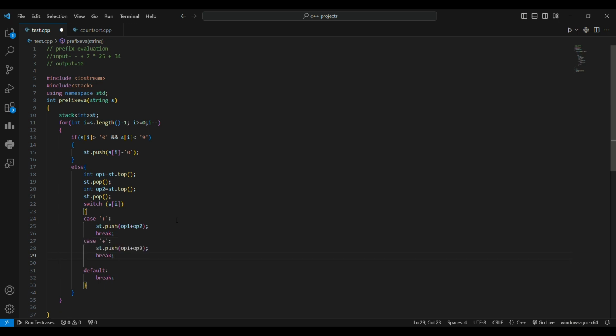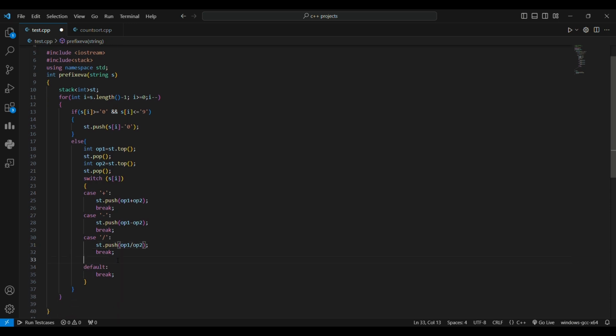If the character is minus, we push operand 1 minus operand 2 to the stack. If the symbol is divide, we simply divide operand 1 and 2. If the symbol is multiplication, we multiply both operands and push into the stack.